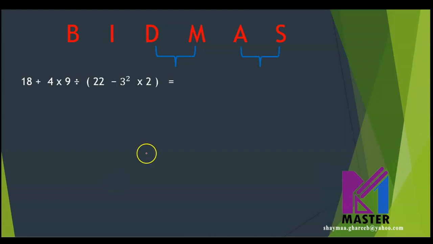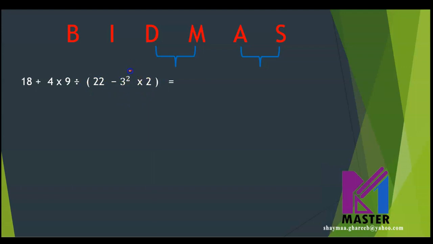One more example. In this example, we have a bracket, and inside the bracket, there are 2 different operations, and I have also indices. So let's start by the bracket as we said. Which one should I start with? I have subtraction, multiplication, and indices.